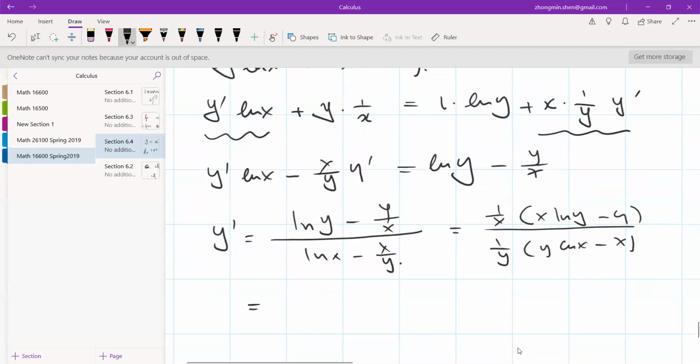Then move y up, x down, right? Downstairs. So y over x. If you put the primes here, it's natural log of y minus y, over natural log of x minus x.